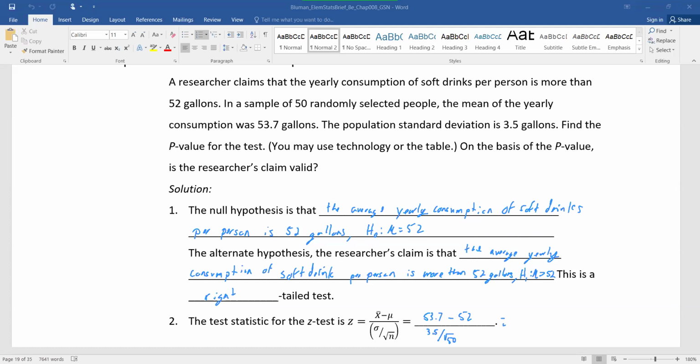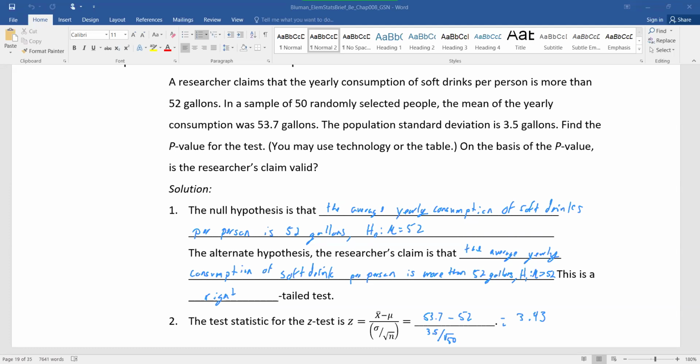Is that what y'all got? In this case, I got 3.43. All right, so that's what our z-test is stating to us. So has everyone got that down?